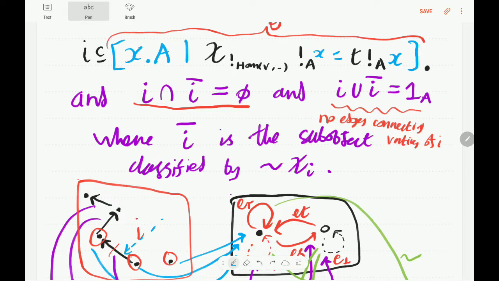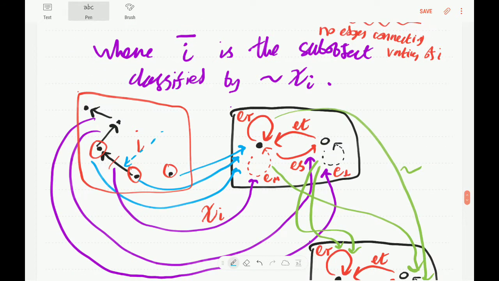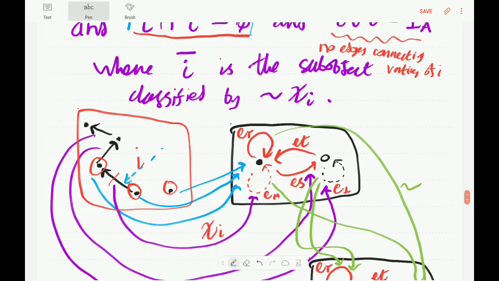And then this condition here, that I intersected with its negation, is empty. So consider this kind of edge.